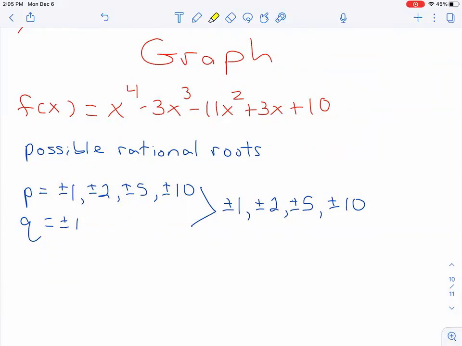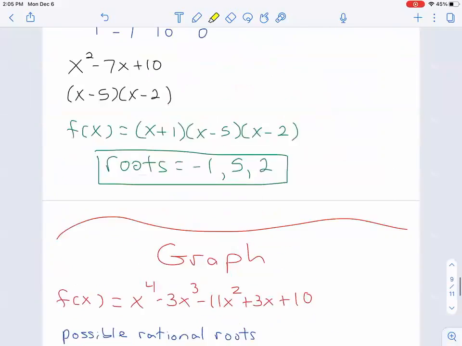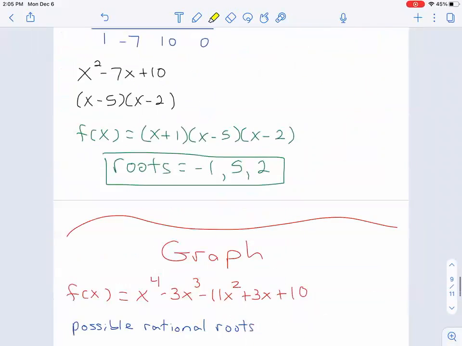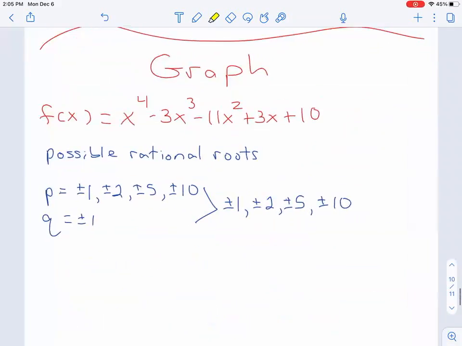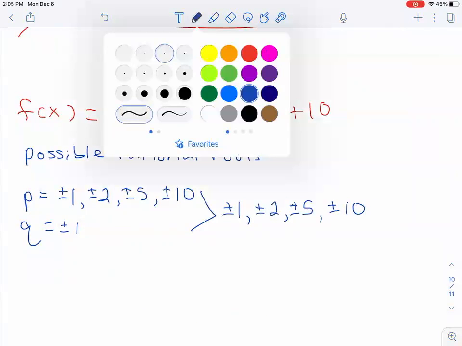All right, now these things that we have here, those are actually just hints or clues as to, like yesterday when we were given this x plus 1 as a factor, we're just not given a nice number. We're given possible numbers, and we have to figure out which ones are factors. And we do that by using synthetic division.